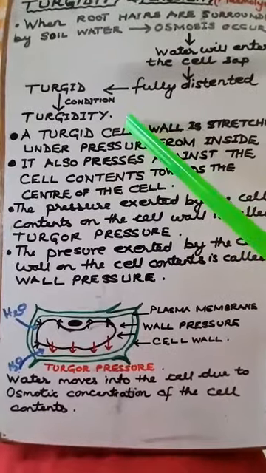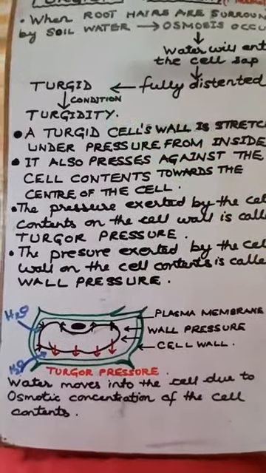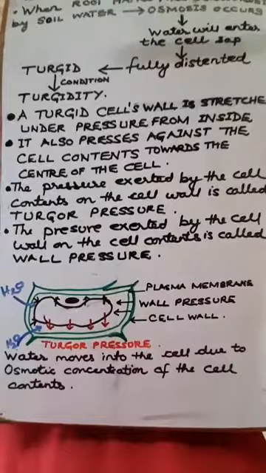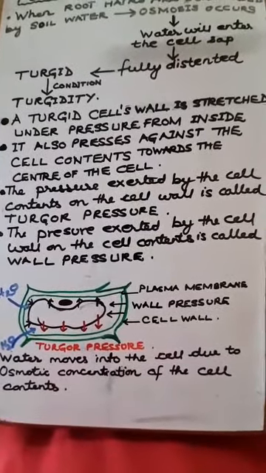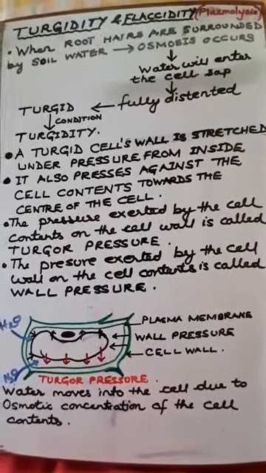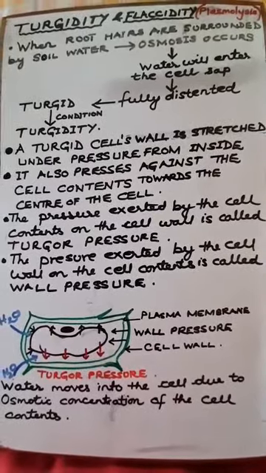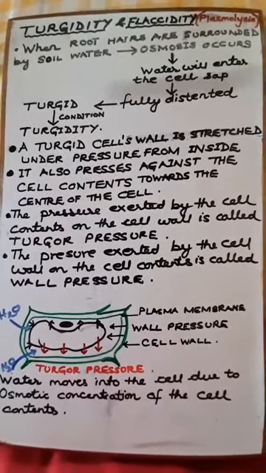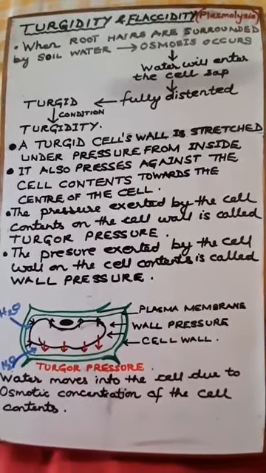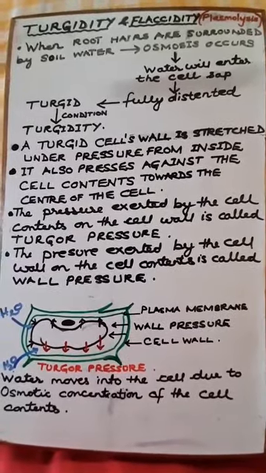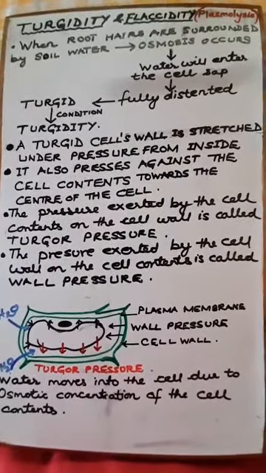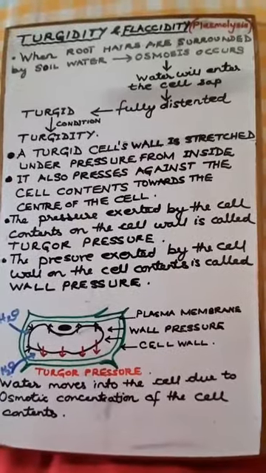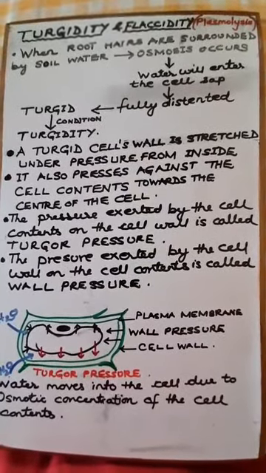Turgid condition is known as turgidity, when osmosis has taken place and water has entered the cell. Now, a turgid cell is stretched under pressure from inside. That means it is very tight from inside. Lots of water. So from inside it is very, very tight.